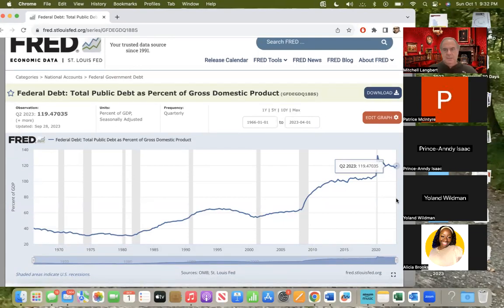I think the people who are talking about the debt, I don't think that the federal debt causes inflation, but the financing of the federal debt is what causes inflation. If the Fed creates money to buy the federal debt, that will cause inflation, and that's what will ultimately happen.